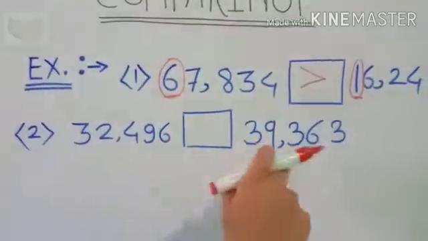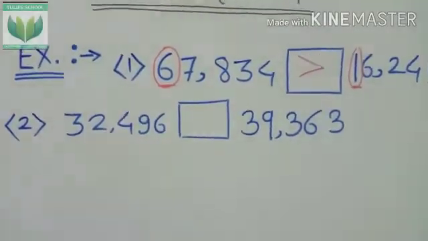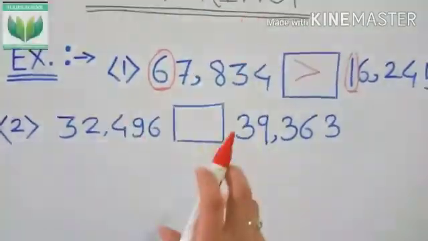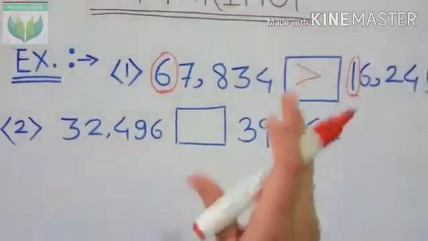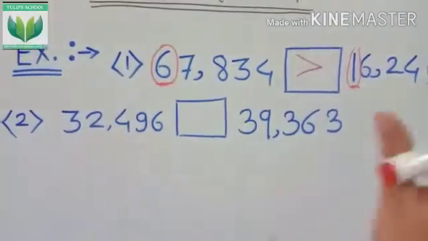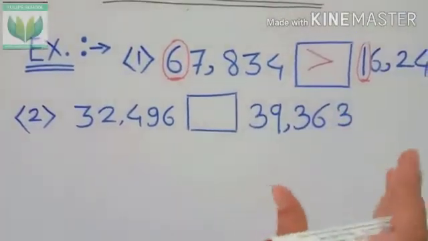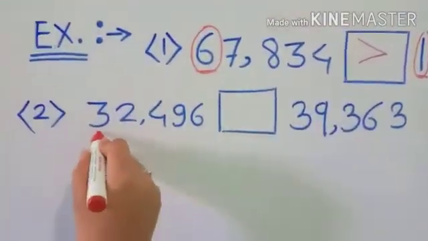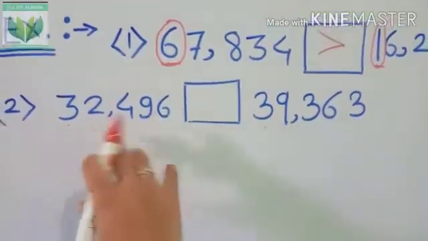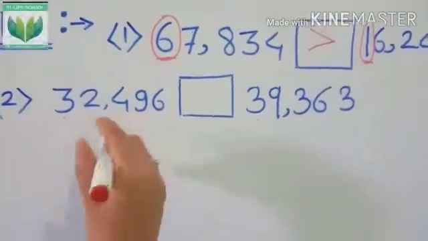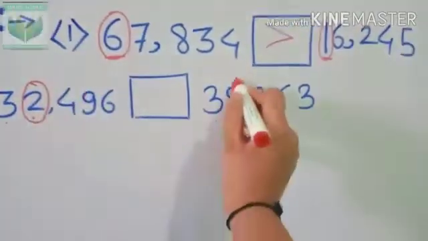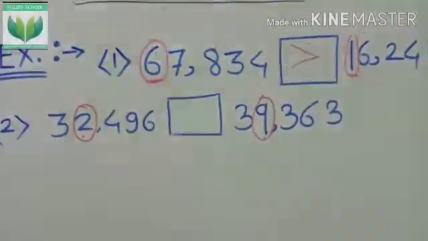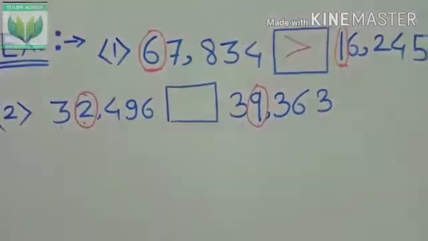Now compare both numbers here. From the first digit we have to check one by one: 10,000, 1,000, 100, tens and ones. Step by step you have to go. Here 3, here 3, both are the same. Now here 2 and here 9. Which number is greater?